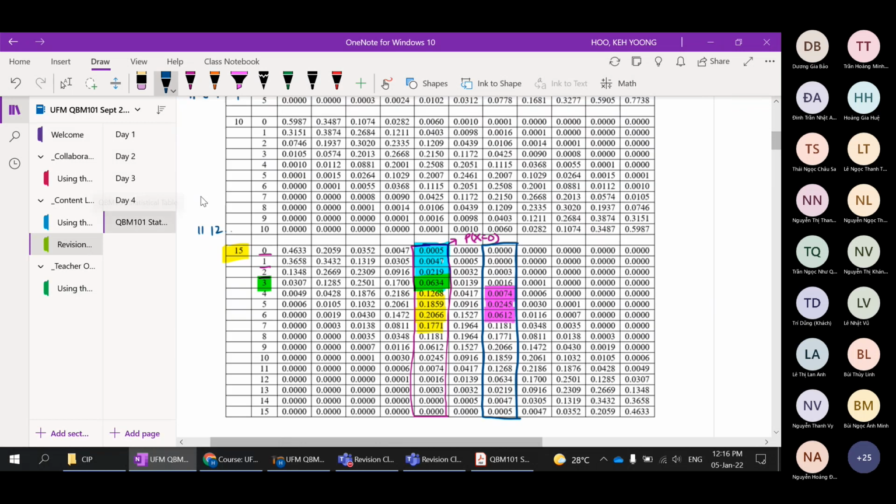If you look at the statistical table, now you add up 0, 0, and 0.0003.